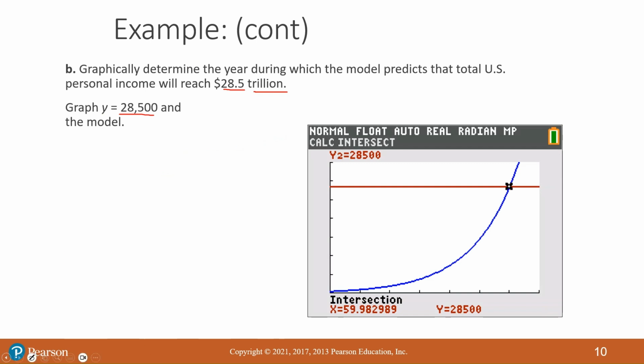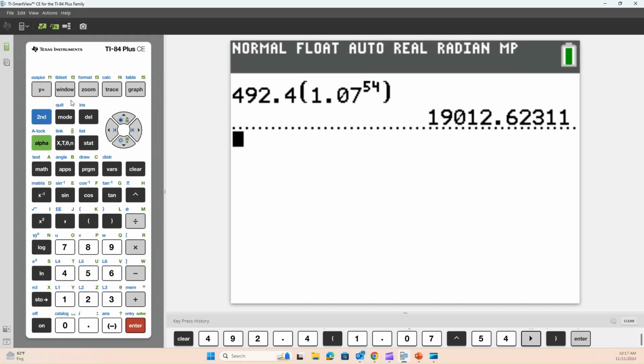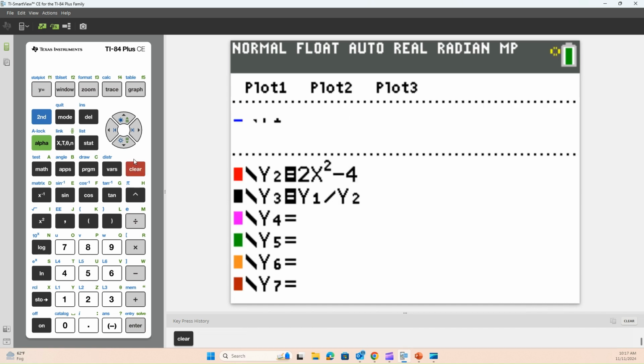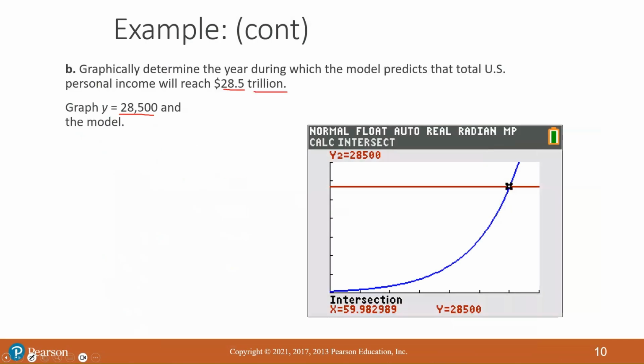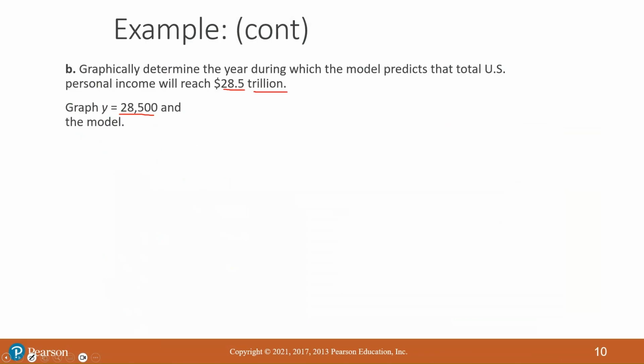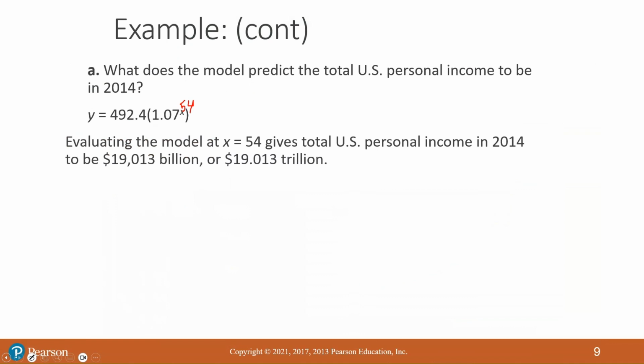So let's come over here on our calculator. We are going to put our initial graph in our Y1, clear out anything in your Y1s and Y2s. And our initial graph here was 492.4 times 1.07 to the x.